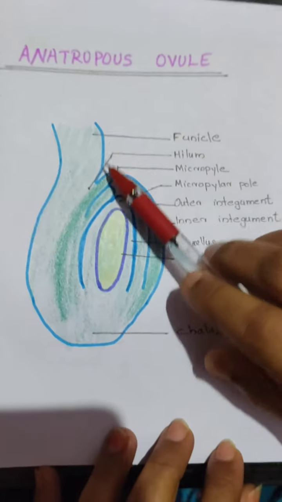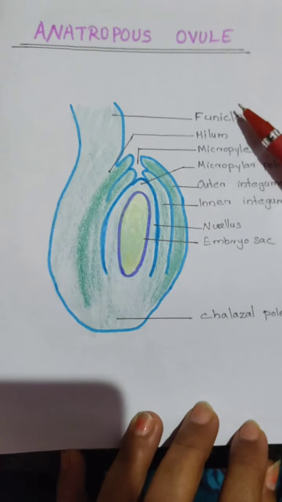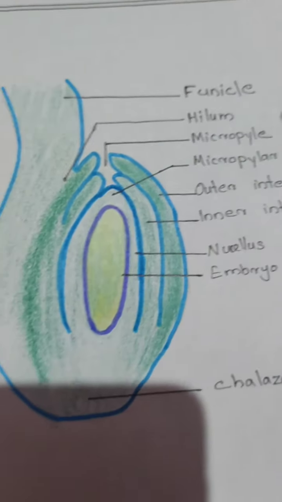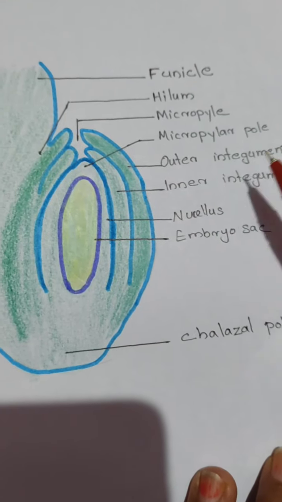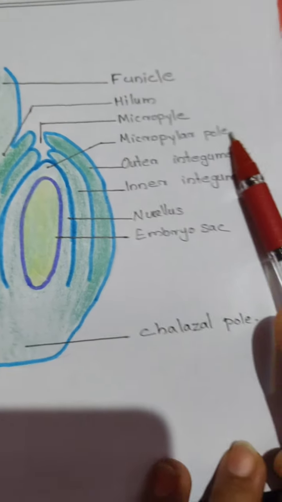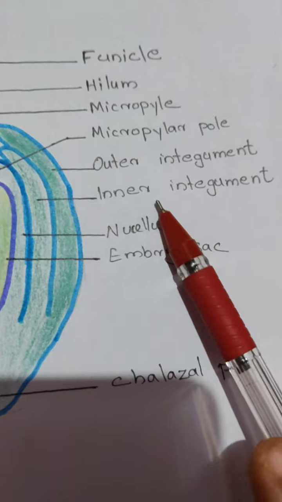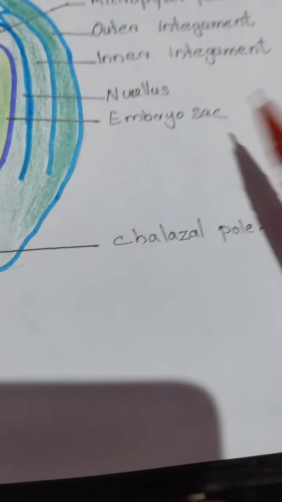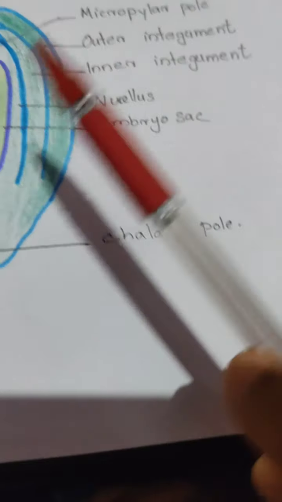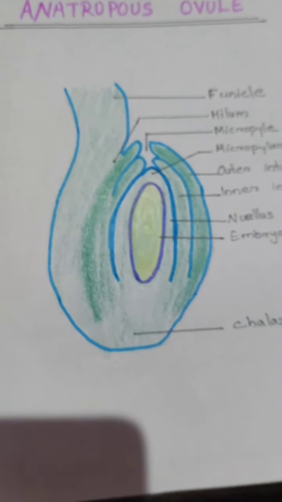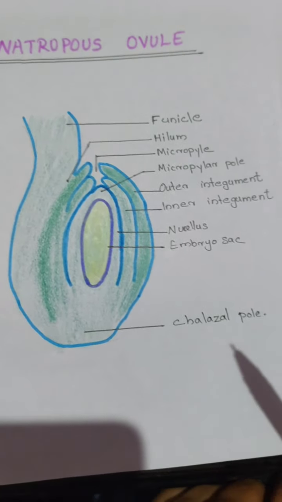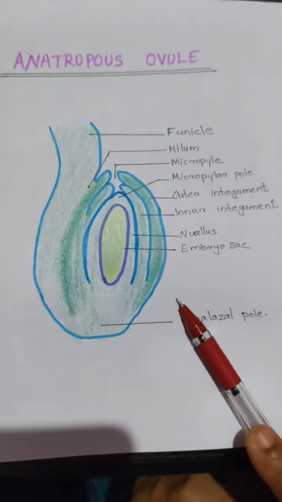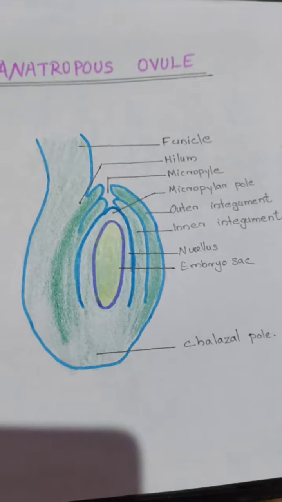You look here: funicle, hilum, micropyle, micropylar pole, outer integument, inner integument, nucellus, embryo sac and chalazal pole. These are the main parts of the ovule, the main structure of the megasporangium.